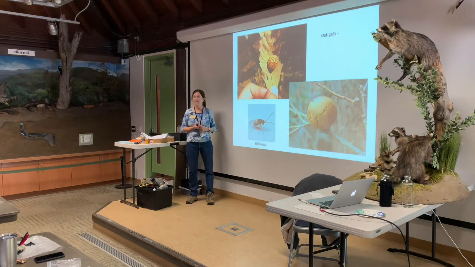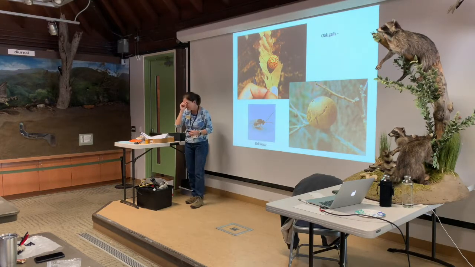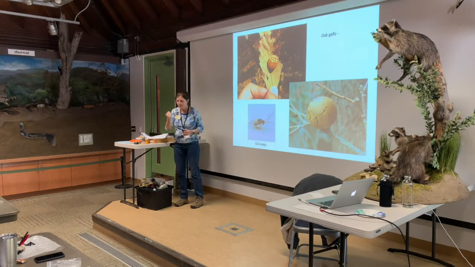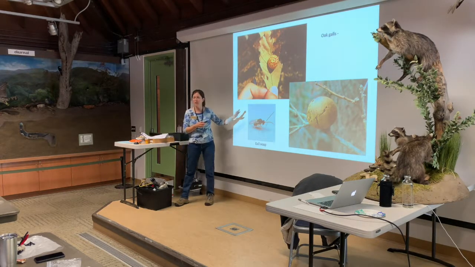Oak galls, and I think they were describing the oak galls out there. Not all galls are caused by wasps, but in this case, a little teeny tiny gall wasp injects the eggs into this formation, the gall. So the plant is actually responding to the chemicals that the female injects.